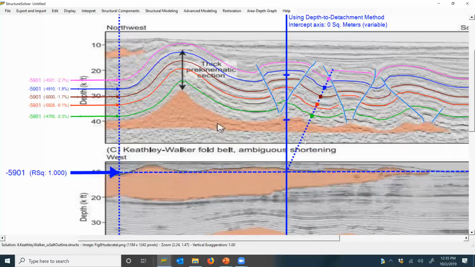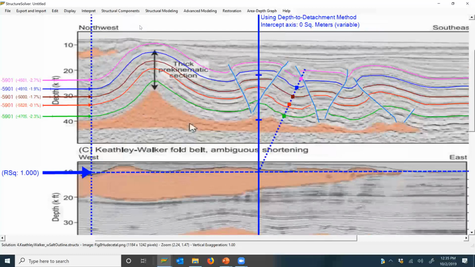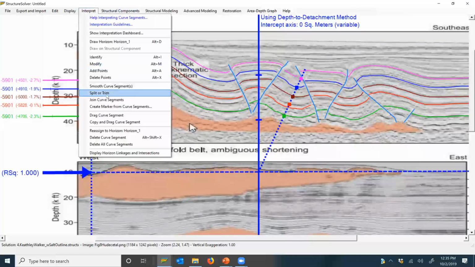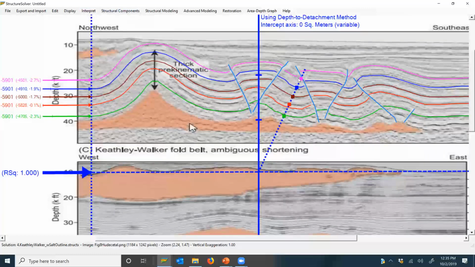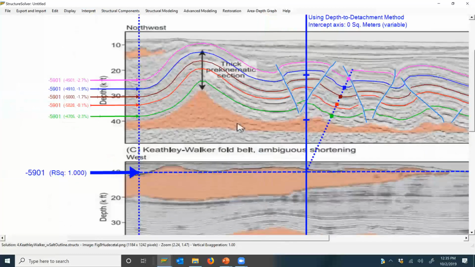So this can be used as a dynamic tool for adjusting interpretations to improve the consistency in terms of area balance of the entire section.